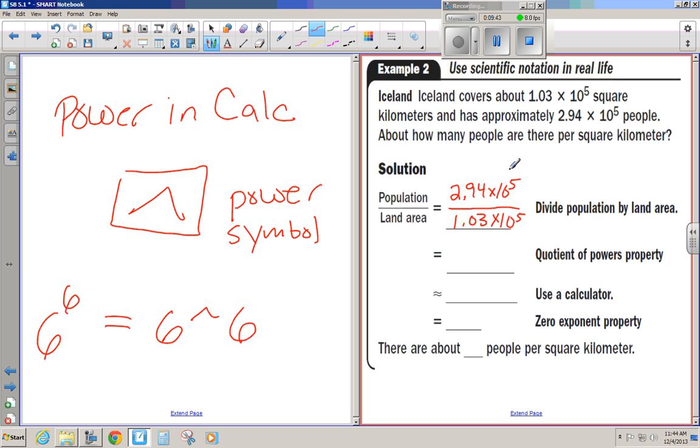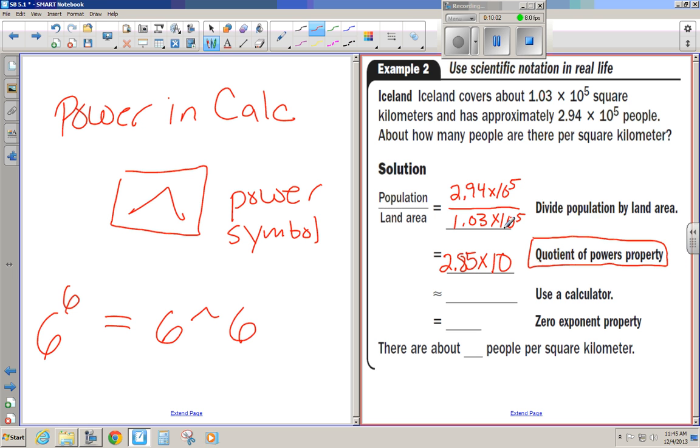divided by 1.03, and you get approximately 2.85. Now you do times 10 to the, using the quotient of powers property.